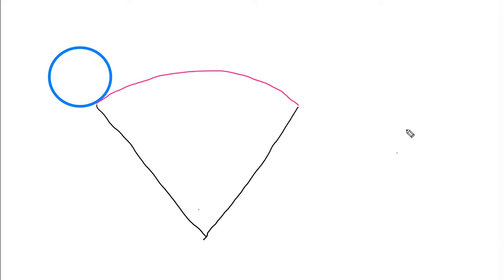Now we know that an epicycloid is the curve generated by a point on the circumference. Say here is the point P on the circumference of the generating circle.